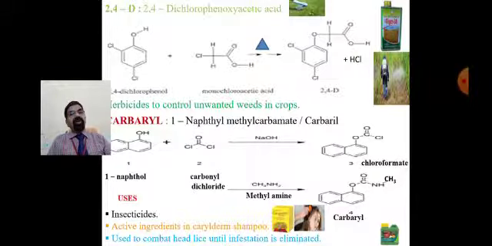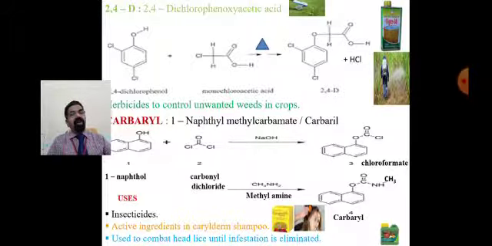The uses of this carbaryl are also similar to those of BHC and DDT, but nowadays carbaryl is mostly used as an active ingredient in shampoo, shown in this slide as a yellow figure, which is used to combat head lice until the infestation is eliminated.